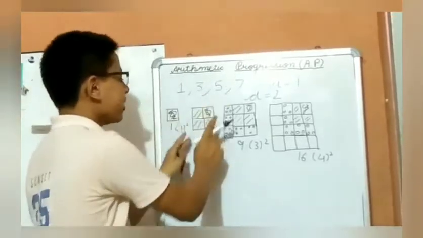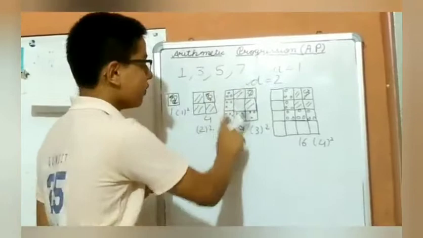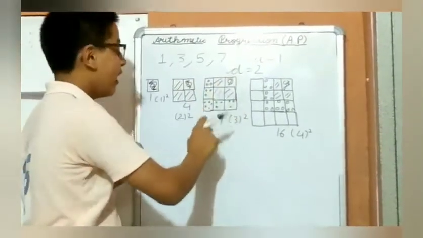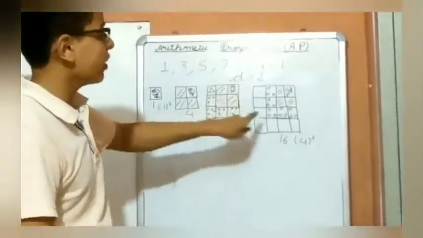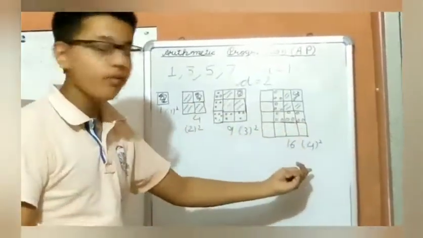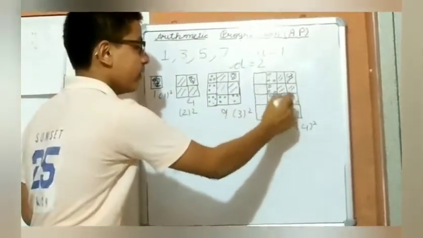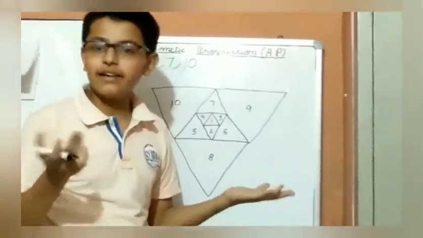Now I am putting this whole box here. So we get 3 square. This was 5, and then later we add 4, and then we get 3 square. Now I am putting this whole box here. Then we got 4 square, that is 16. This whole was 7. This was 5. This is 3. So the last pattern that we saw was like a Tetris game which we all have played in our childhood.